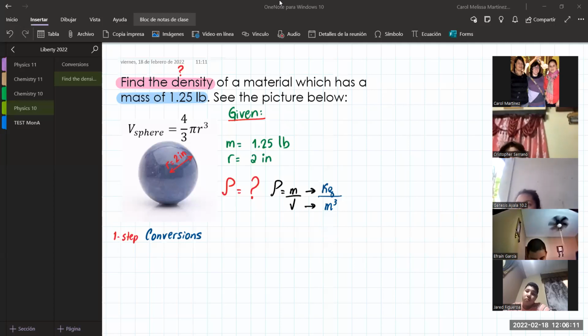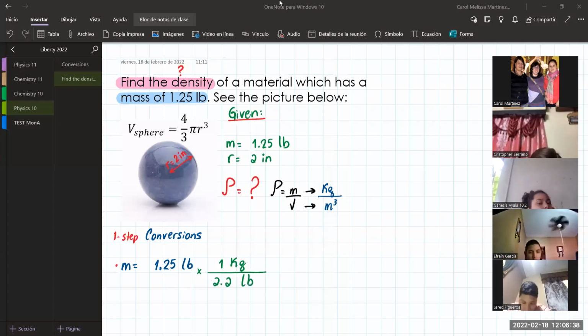So the mass in this problem is 1.25 pounds. What is the conversion factor between pounds and kilograms? 1 kilogram equals 2.2 pounds. You write them in opposite positions, so pounds and pounds can be cancelled.